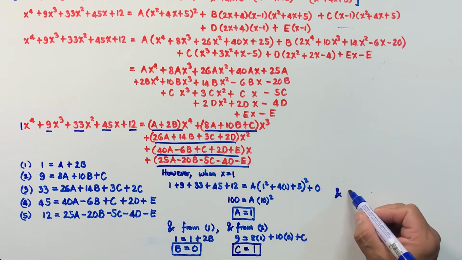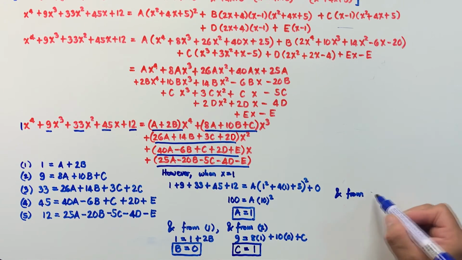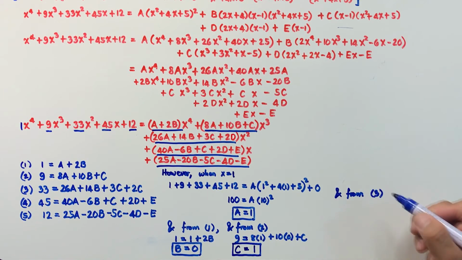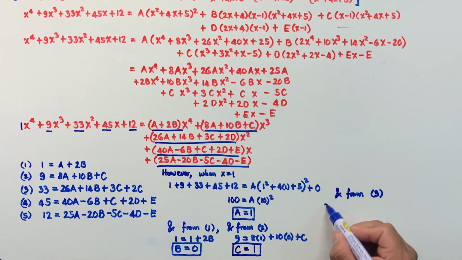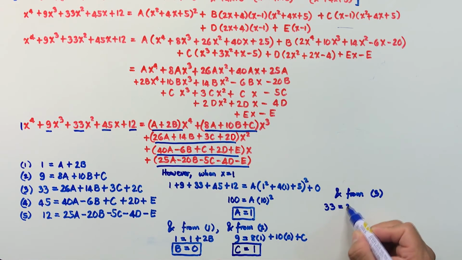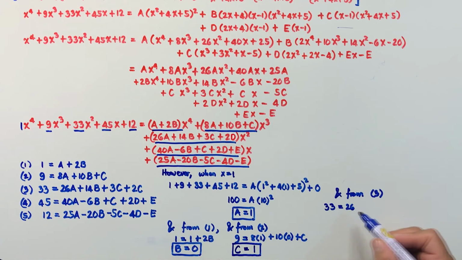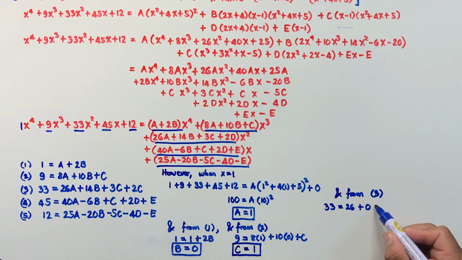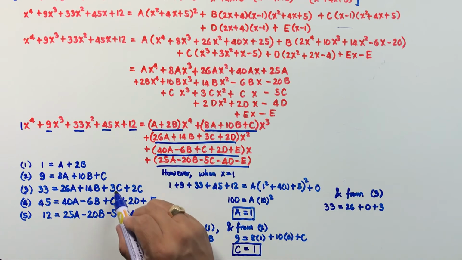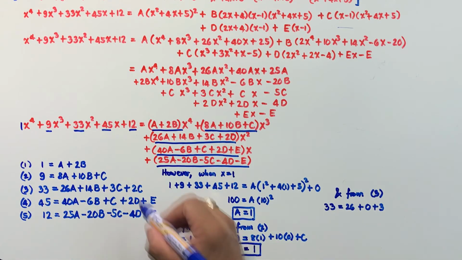And also from equation 3, which is 33, which is equal to 26 times a, which is 1, so the product is 26, plus 14 times b, where b is 0, plus 3c, where c is 1, so the product is 3, plus 2d.